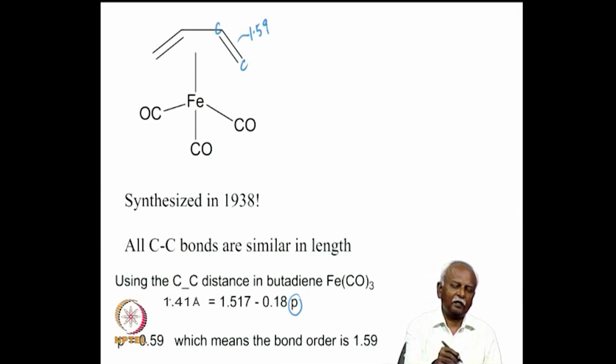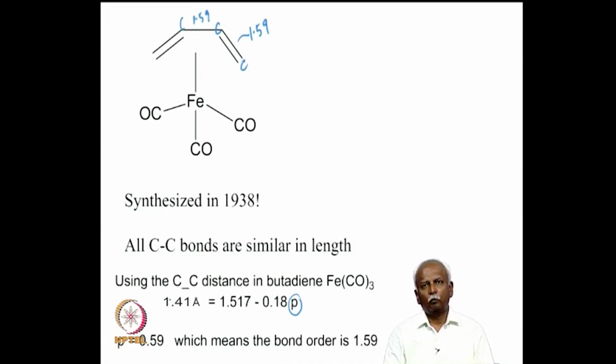We also estimated 1.2 for the bond order between C2 and C3, and now we have increased it to 1.59. So, the bond order between C2 and C3 increases and the bond order between C1 and C2 drastically decreases. This delocalization is brought about by the iron atom which is interacting with the butadiene.